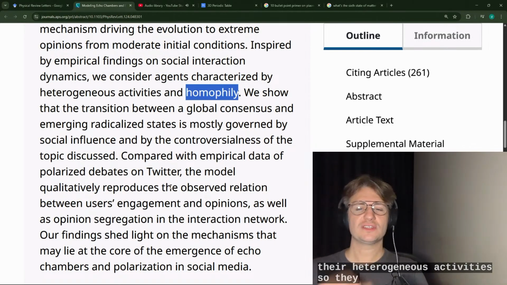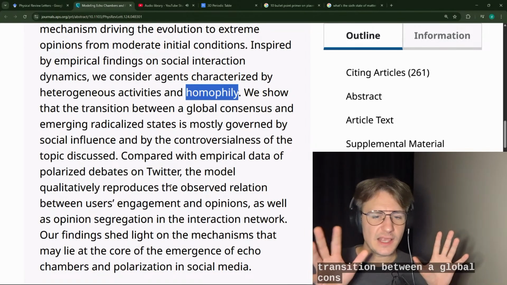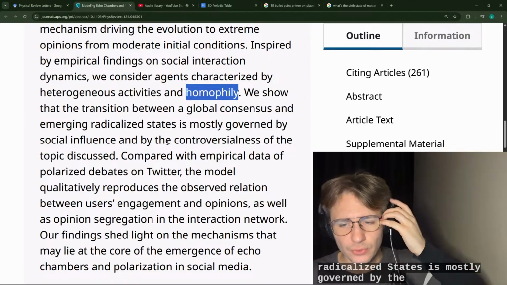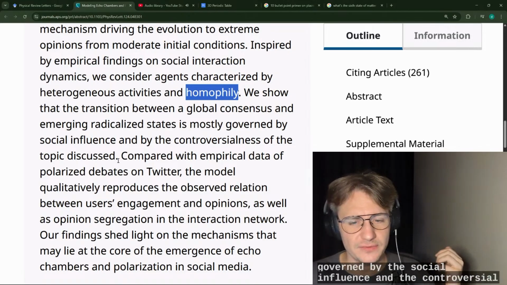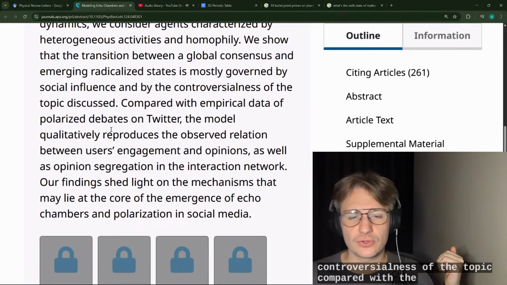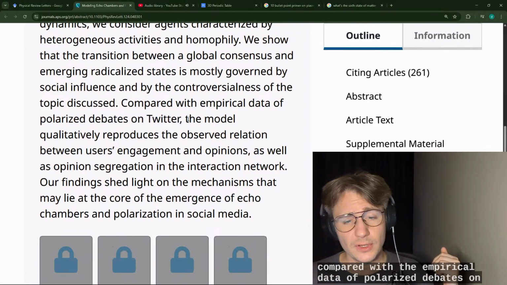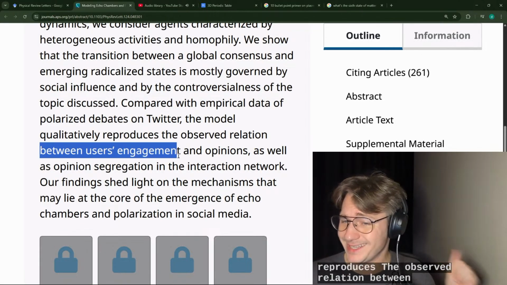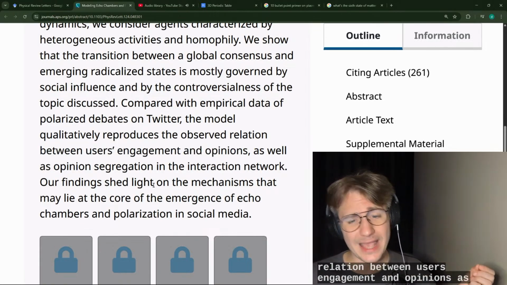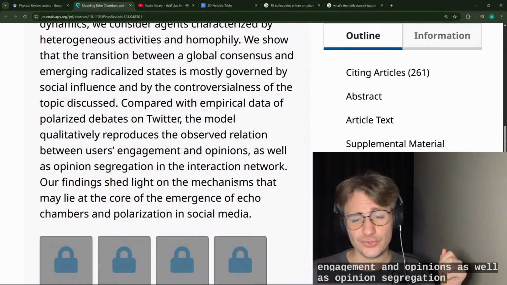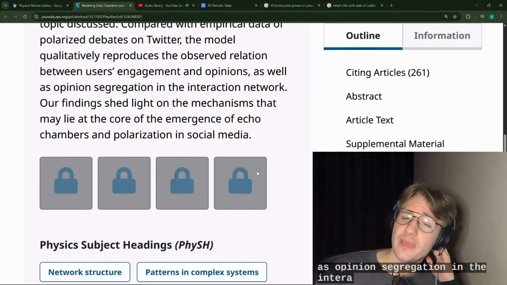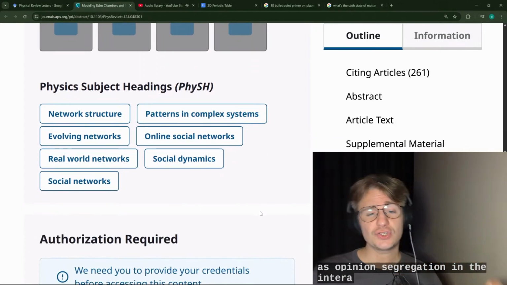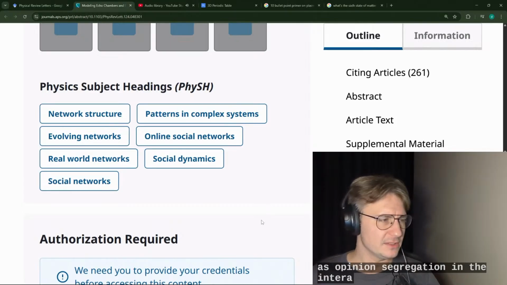They show that the transition between a global consensus and emerging radicalized states is mostly governed by the social influence and the controversialness of the topic. Compared with the empirical data of polarized debates on Twitter, the model qualitatively reproduces the observed relation between users' engagement and opinions, as well as opinion segregation in the interaction network. Our findings shed light on the mechanisms that may lie at the core of the emergence of echo chambers and polarization in social media. Wow, how did this get so many citations?